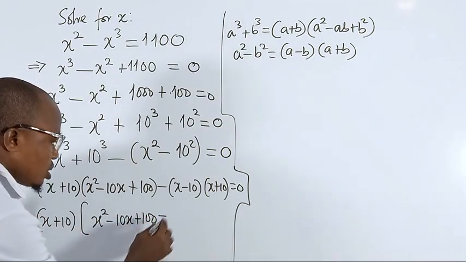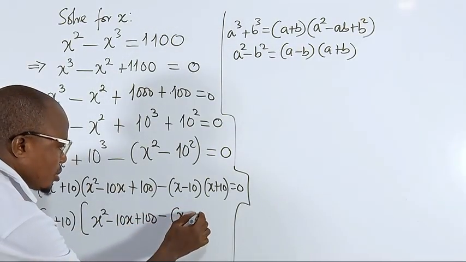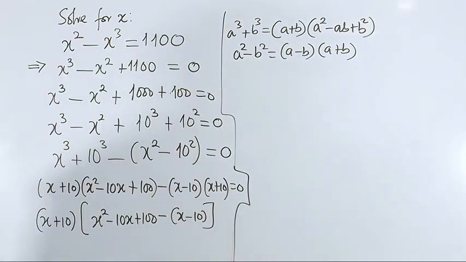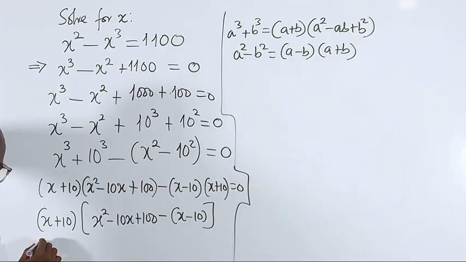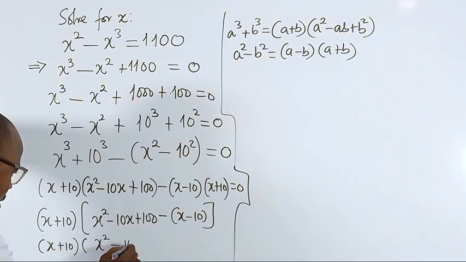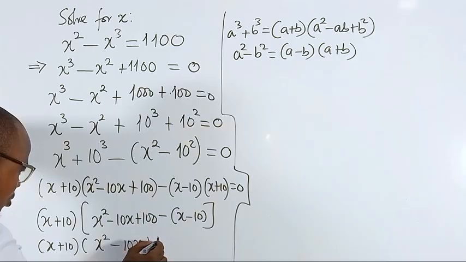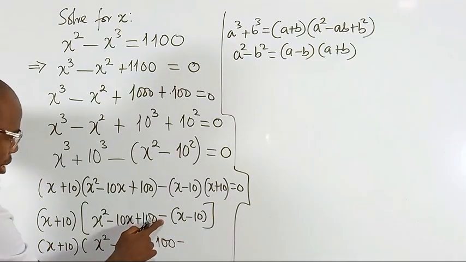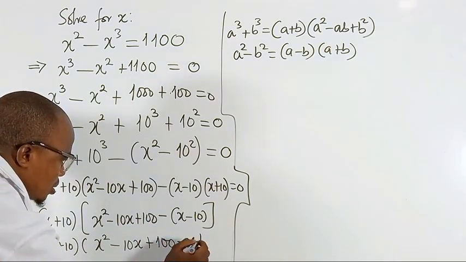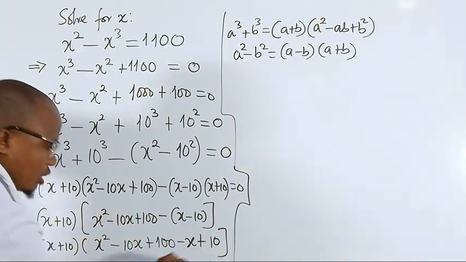We are going to be left with minus x minus 10 like this. Are you following? So from there we have x plus 10 into x squared minus 10x plus 100, then minus times x, we have minus x plus 10.